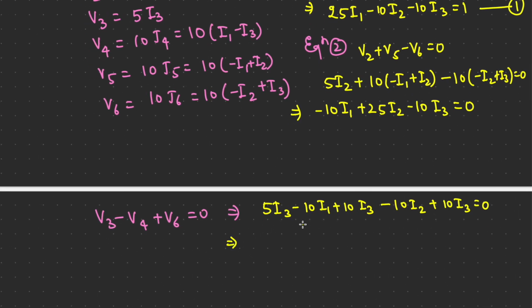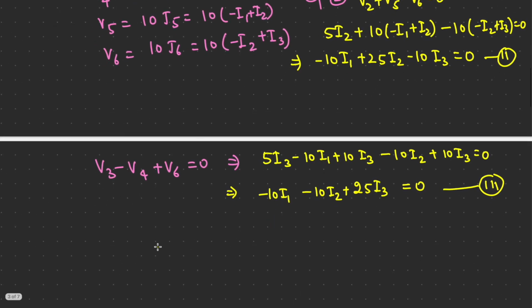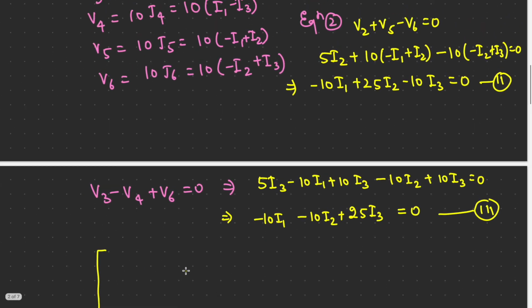We have 5I3, 10I3 and 10I3, so 25I3, then minus 10I2 and minus 10I1 equal to 0. So this is equation number 3, and this was our equation 2, and we can write all of them in matrix form and solve them.